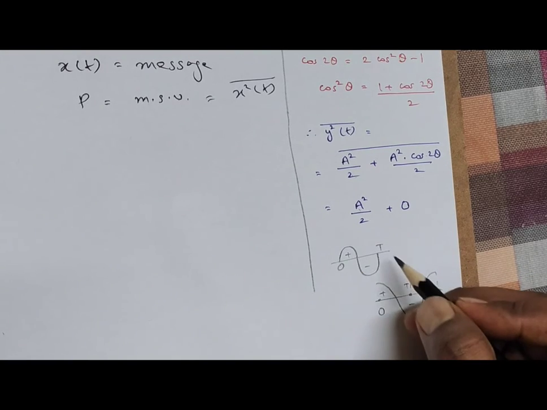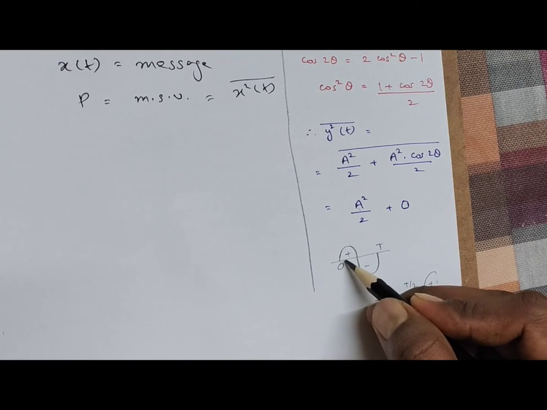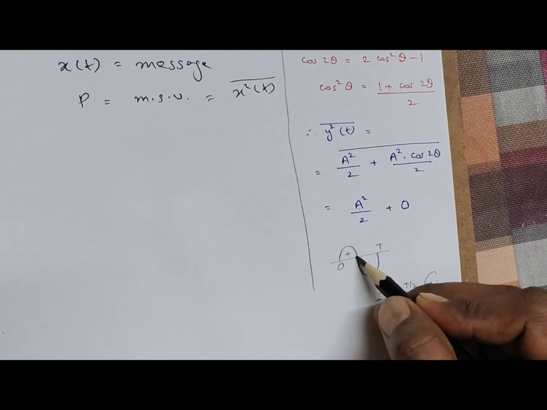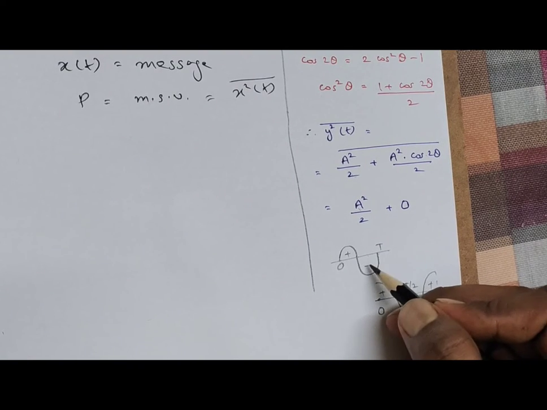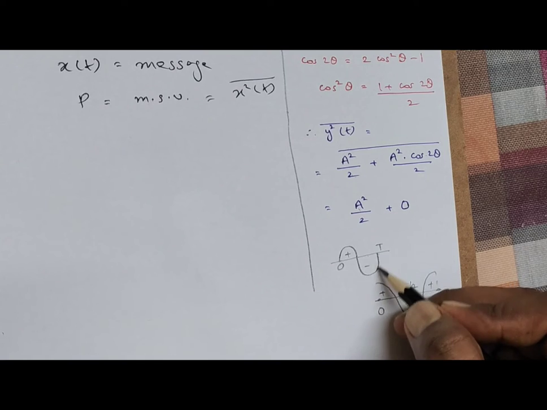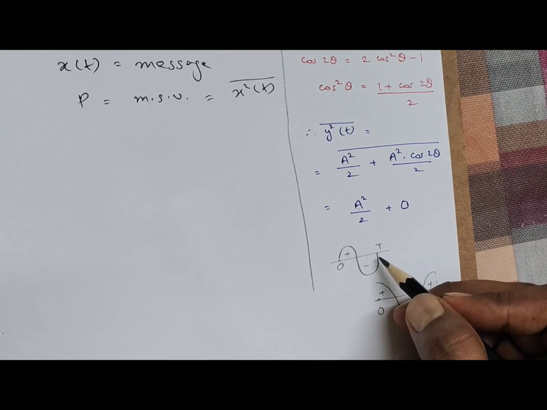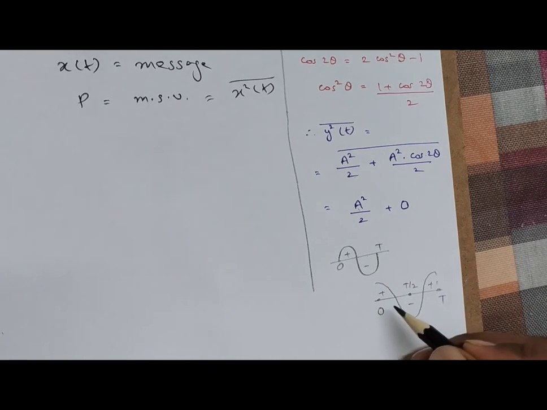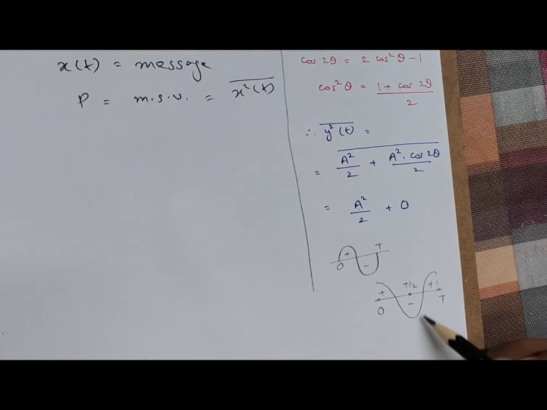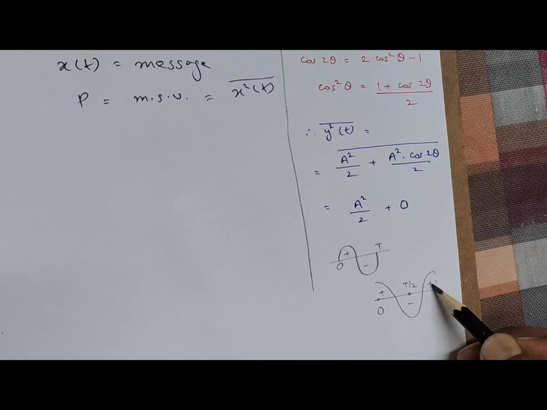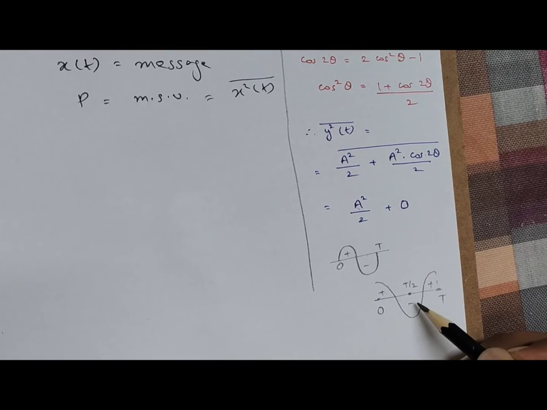Here it is a sinusoidal signal, with period T. From 0 to T by 2 it is positive, and T by 2 to T it is negative. So over one time interval, the average is 0. For the cosine, over one complete time period, one quarter is positive, one quarter is positive, and one half is negative.